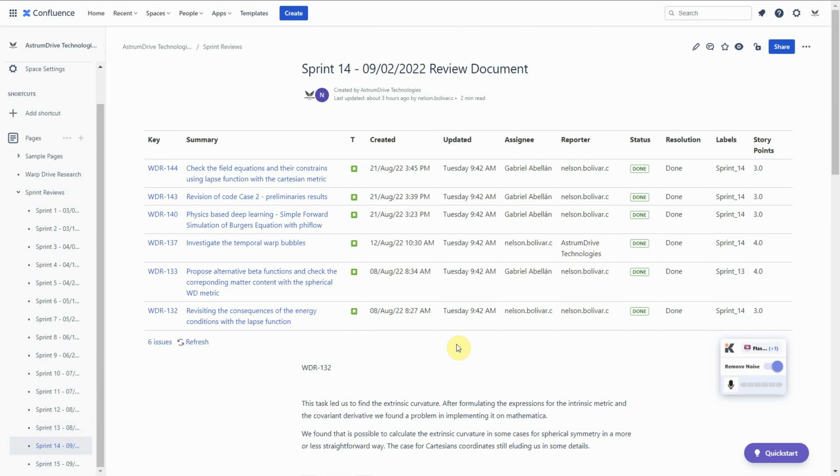In this sprint, we check a lot of things, but I think the more important thing is that we started working on the consequences of what happened with the energy conditions and the lapse function, which is basically a continuation of the work of the last sprint. And here we concluded already that yes, we have something that is being added by the lapse function that is related to heat.